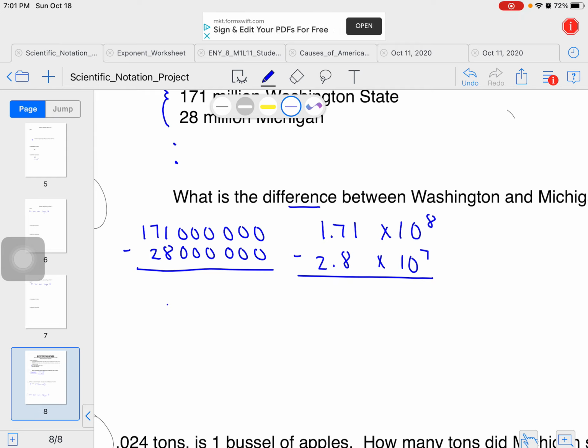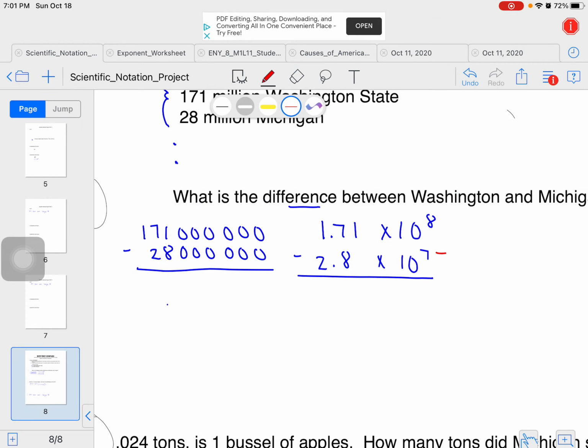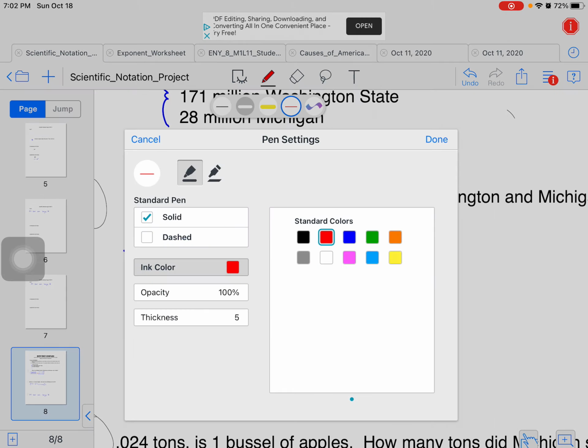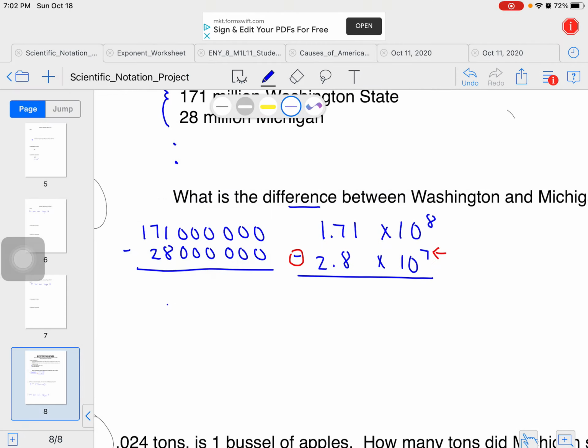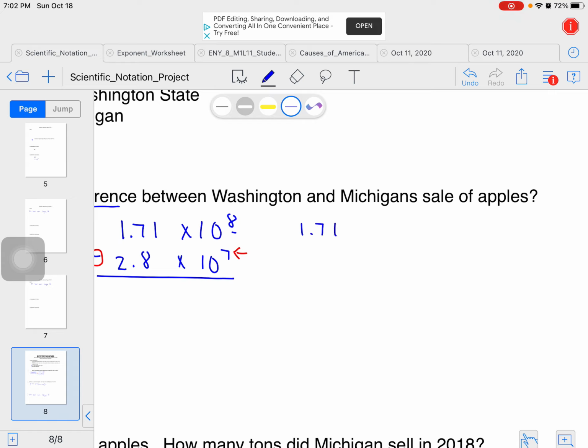I cannot do it yet, because when I'm subtracting, my exponents have to be the same. So I'm going to write over here that I want to keep that one. So I'm going to keep the top problem.